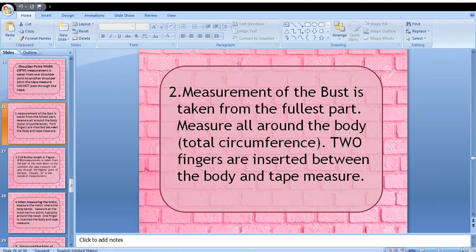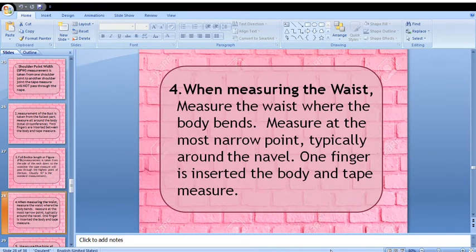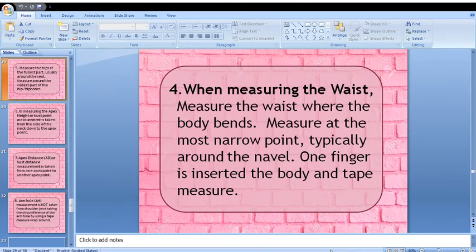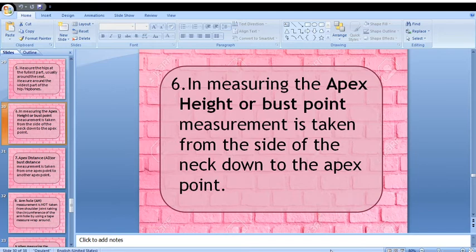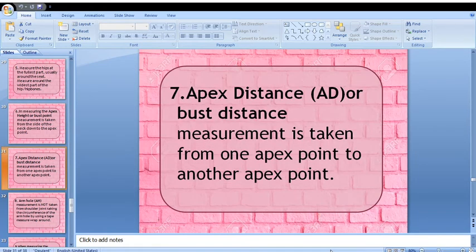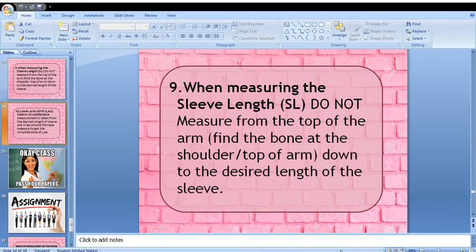So 2 fingers are inserted between the body and the tape measure. True or false? Next, number 3, number 4, number 5, number 6, 7, 8, 9, 10.